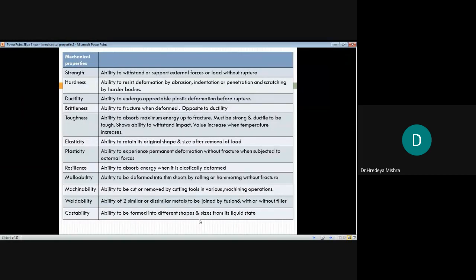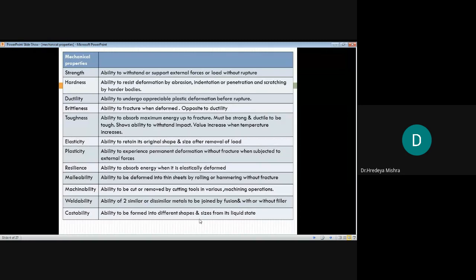Listen once again: the ability of a material to resist its failure under the action of load or external force is called the strength of material.